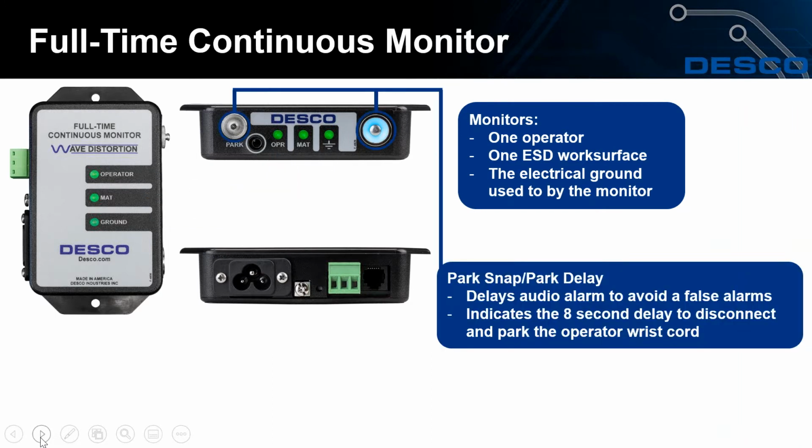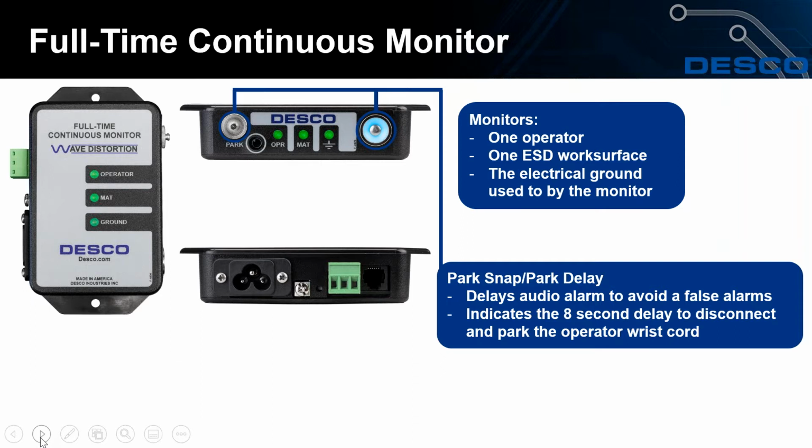Another feature that all of our monitors have in common is what we call our parking snap, or a delay. This is a great convenience feature that allows you to eliminate purposeful false alarms. What I mean by that is if you're plugged into just about any monitor on the market and you just unsnap your cord from your band, your monitor is going to alarm.